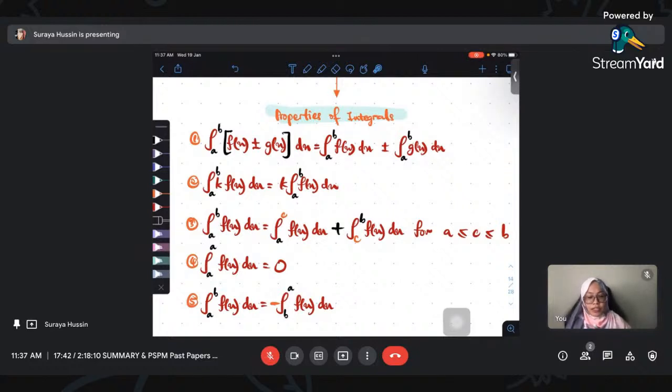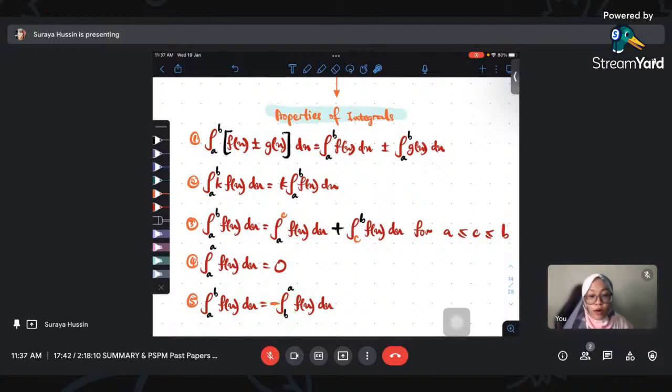bukan change, sorry. This is a property, right? Ini adalah properties. So it has been proven that integration from A to B boleh equal kepada B to A dengan syarat ada negatif di depannya.